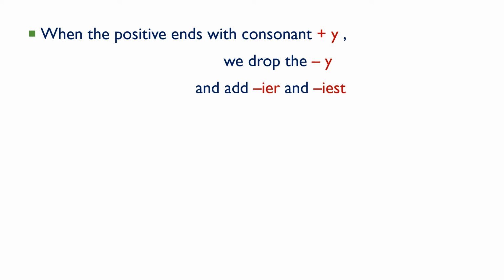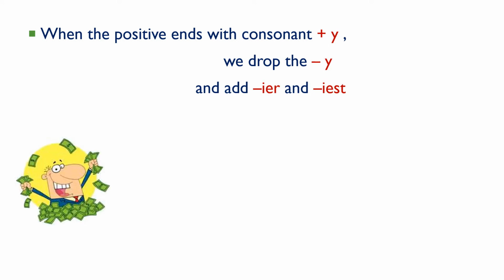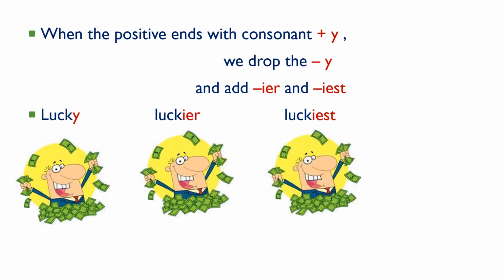When the positive ends with consonant plus Y, we drop the Y and add IER and IEST. That means IER in comparative degree, IEST in superlative degree. Look at the example here. Lucky.